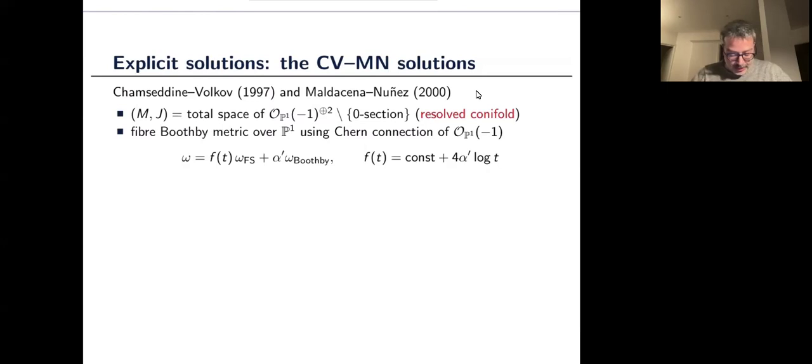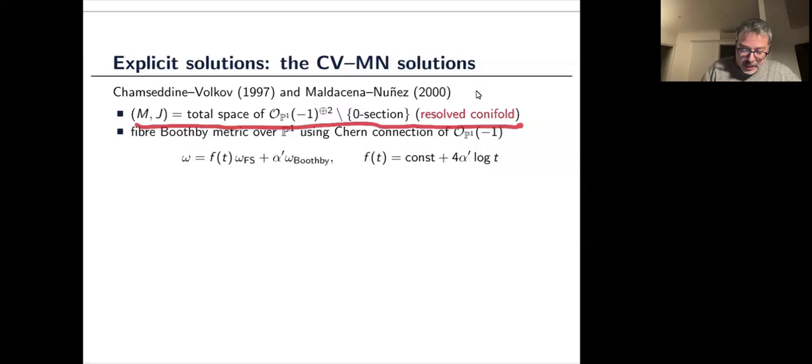So let me start with the first such example that's, I guess, easier to explain. First of all, I recall we have a complex manifold, which is just a complex threefold. Here, the complex threefold that we take is the so-called resolved conifold.